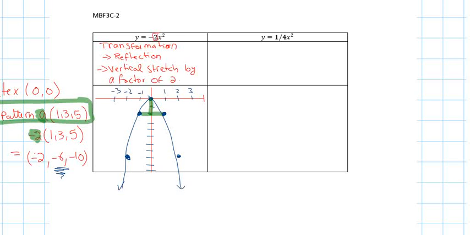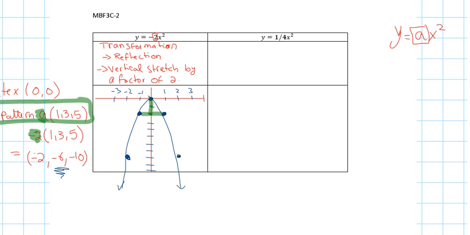So where we stopped yesterday is how can I graph y equals a x squared? We looked at the different transformations of y equals ax squared, depending on that value of a. Do you guys recall this?